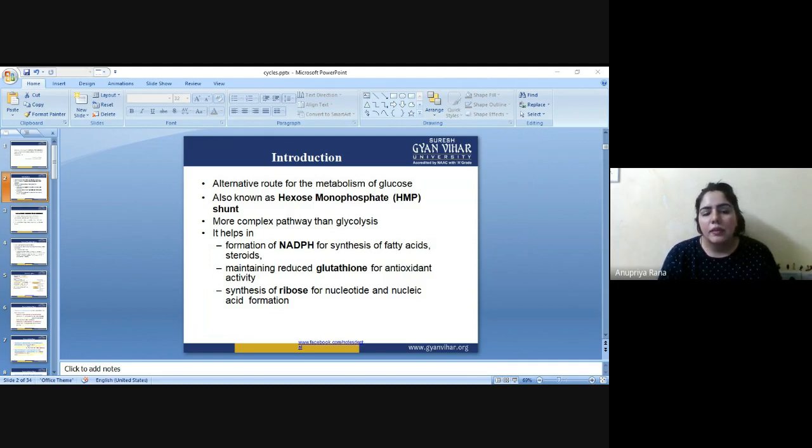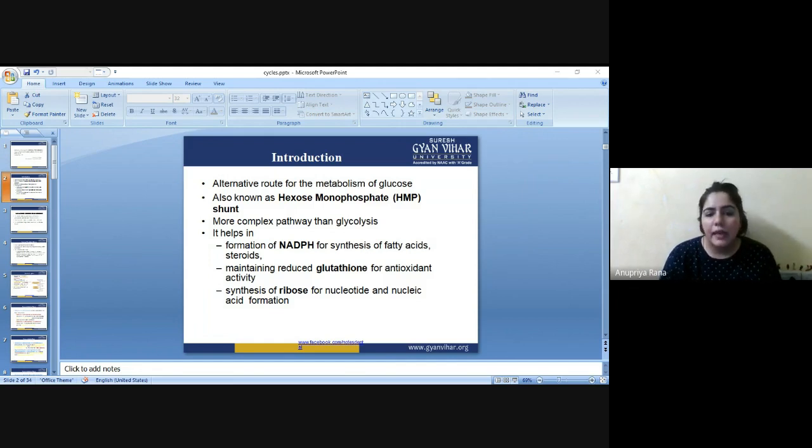First, you can see here the formation of NADPH for synthesis of fatty acids and steroids. This is a very important molecule for developing our body and synthesizing energy, or you can say the calories. Whatever we eat during the day, if we want to convert it into the energy we require to perform our functions, we have to go through this process.